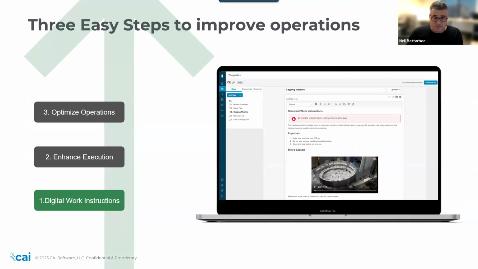What does it look like? I guarantee that you guys have a locker of these operating procedures. We've got an AI engine that will ingest these documents and tune them and put them in a format that can be ingested by Possible, or even the MES, right? The ShopVue digital work instructions.